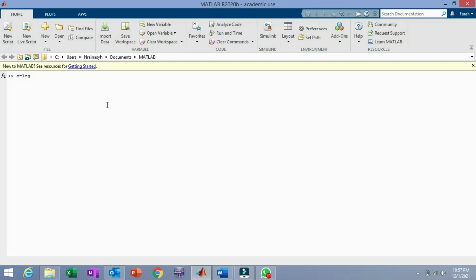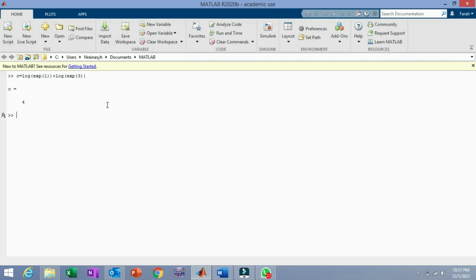So we use log of EXP with 1 in brackets, because it is ln e, and then plus log of EXP with 3, because e to the power of 3. After completing it, we press enter, and we get the answer C equals 4.